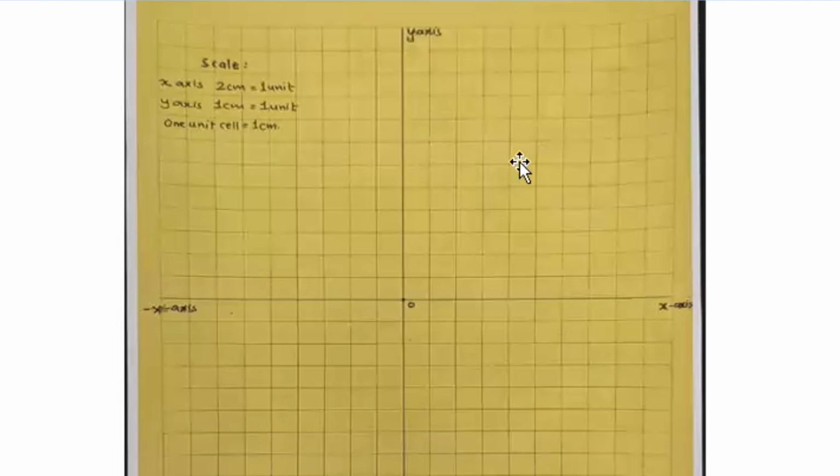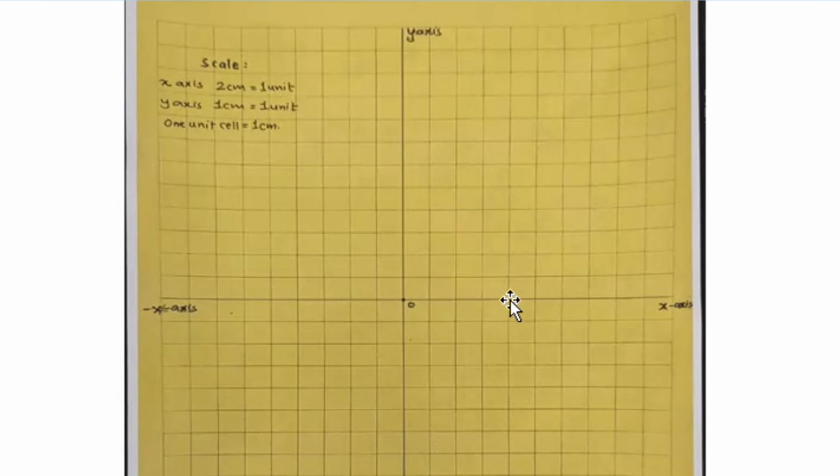So here it is the same. Our scale is 2 centimeters equals 1 unit on the x-axis. Each small cube is equal to 1 centimeter. On the x-axis, you can see that up to here is 2 centimeters, so I will write 1 unit at every 2 centimeter point.